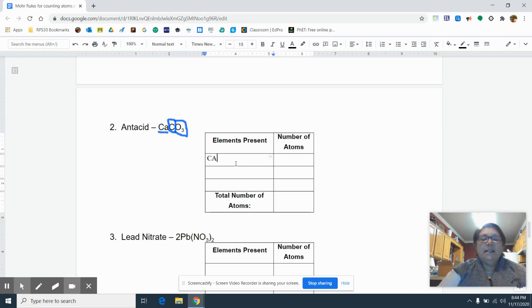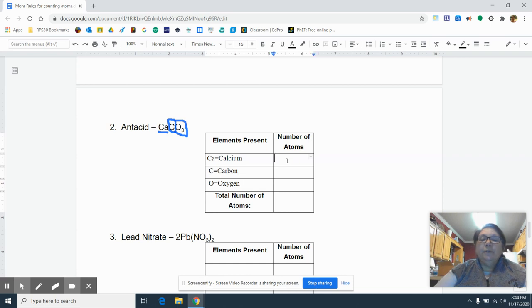I have Ca, which is for calcium. I have a regular C, which is carbon. And I have an O, which we all know is oxygen.